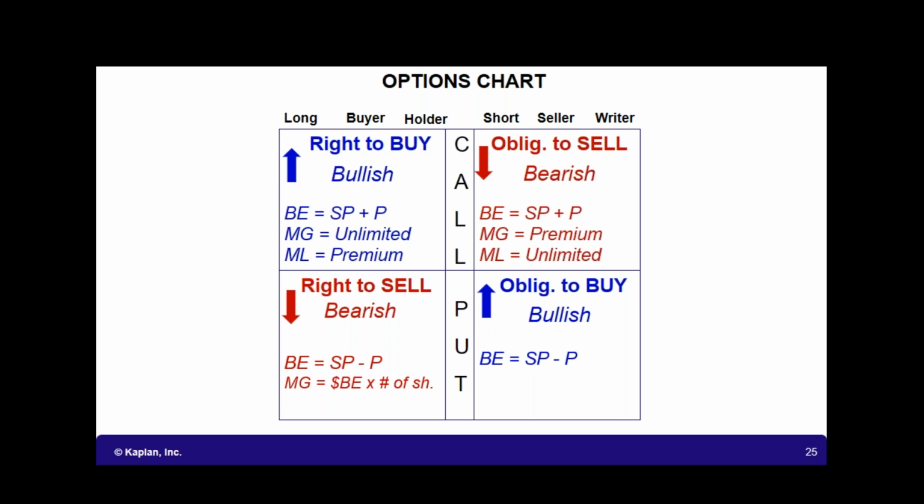Our break even times the number of shares gives us our maximum gain on the long side, but it's also the maximum loss on the short side. And of course, what one man sees as junk, the other one sees as a jewel. In other words, what the buyer loses, the seller gains. If the buyer loses the premium, well, that's what the seller receives.